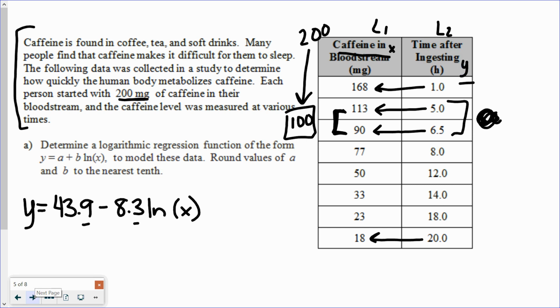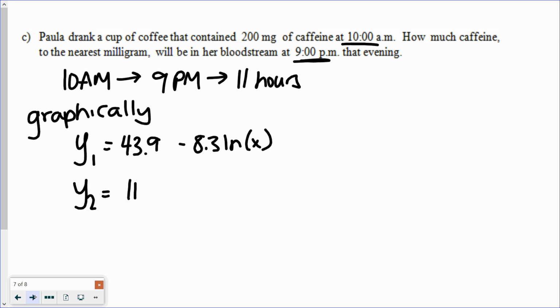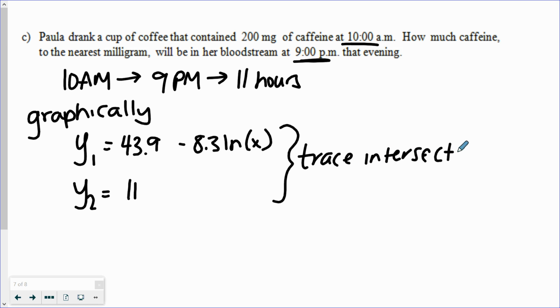So if we're looking for a corresponding x value based on a y value of 11, you're going to trace the intersect between that. So graph those two and then see if you can find the point of intersection quickly. Pause the video.